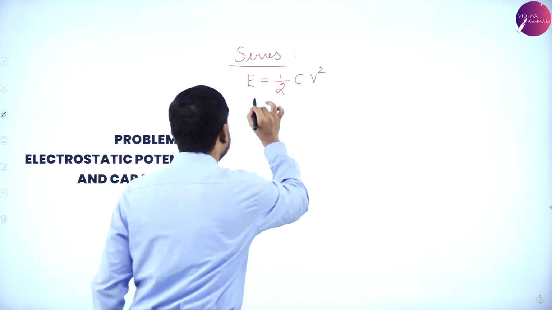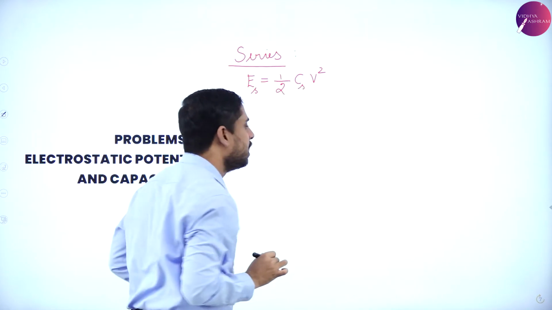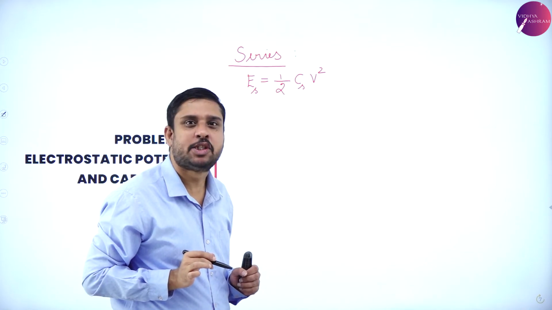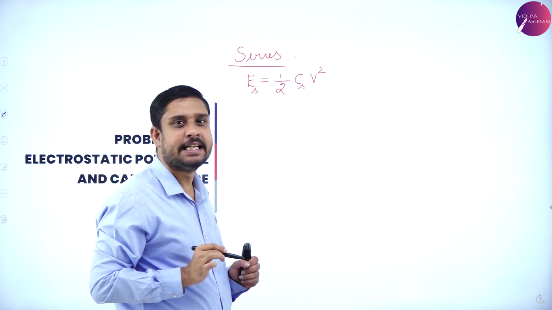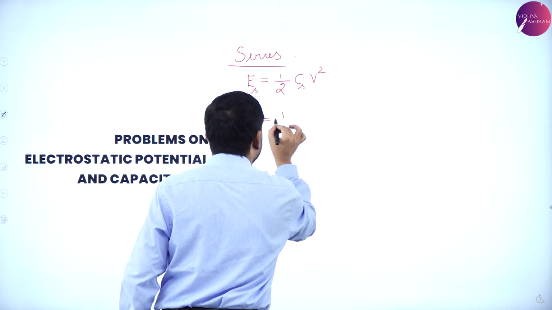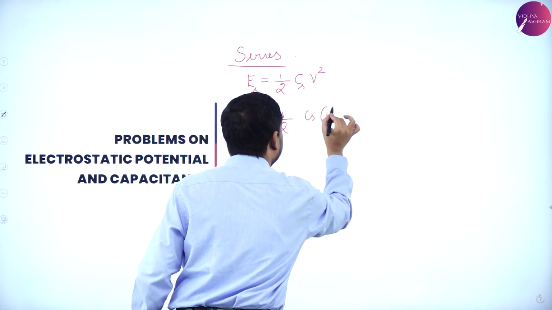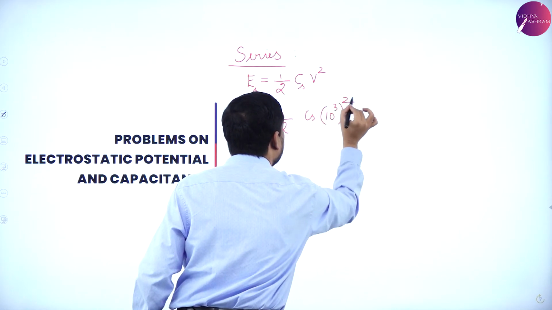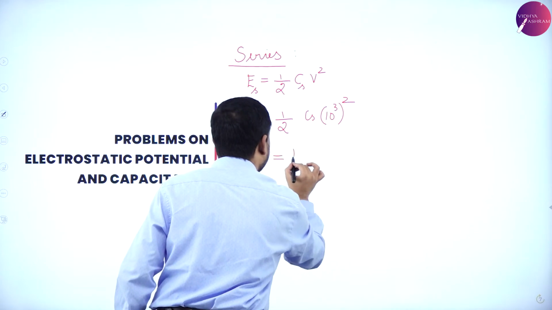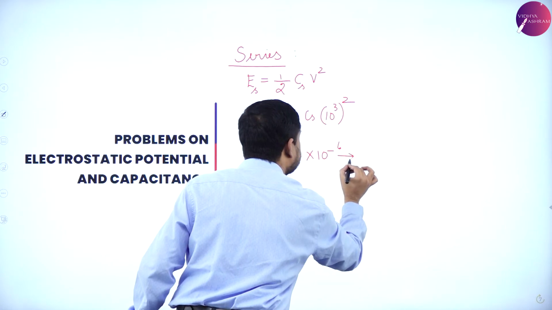So this is Cs, just to indicate it is the energy stored in series. So this is 2 joules equals half Cs into 10 to the power 3 whole square, or Cs is equal to 4 into 10 power minus 6.